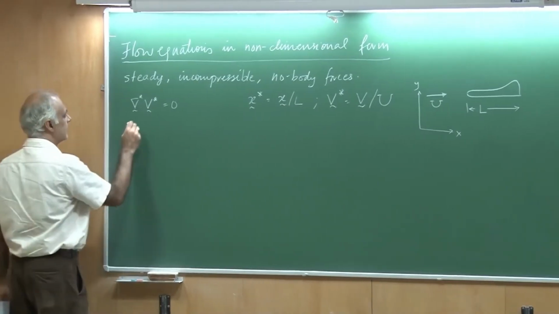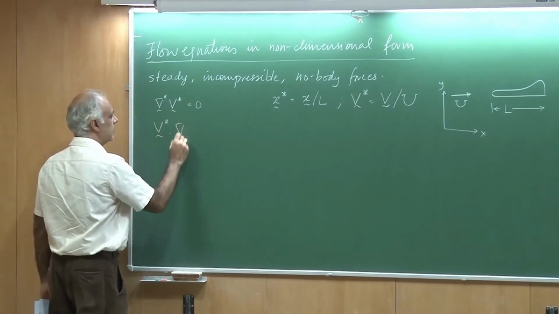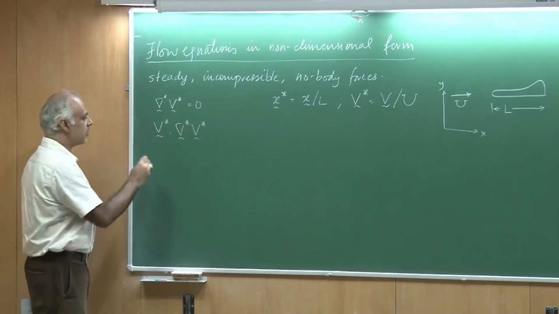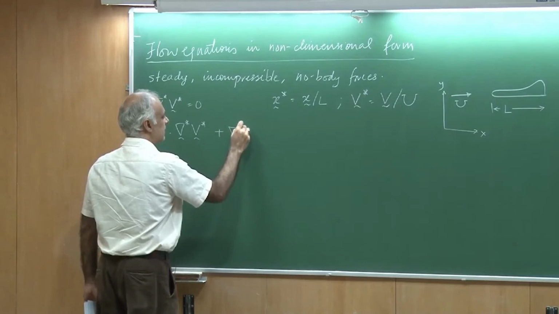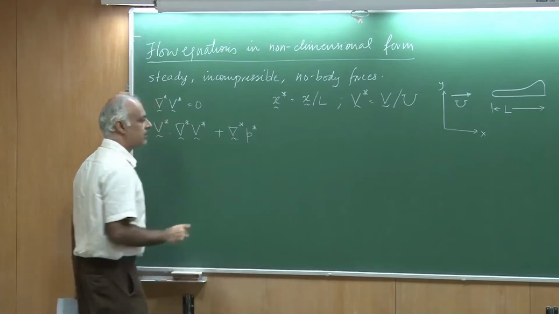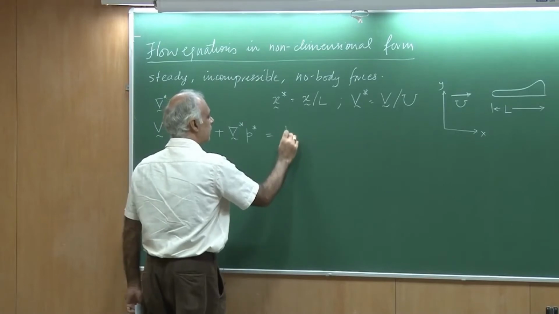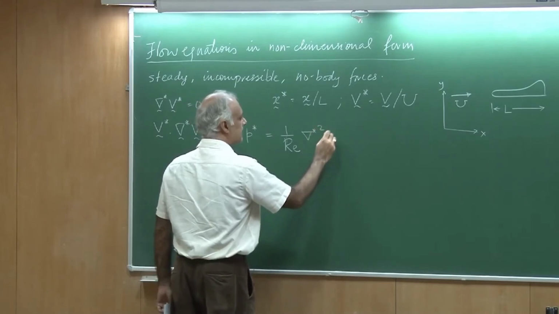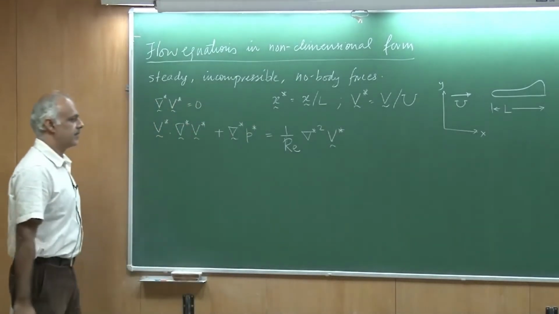And then as far as the momentum equation is concerned, we actually had worked out that the convective term would look exactly the same as in the dimensional form of the equation. So V star dot gradient of V star plus the gradient of the non-dimensional pressure, and this would be given as 1 over Re times the Laplacian of V star. Okay.